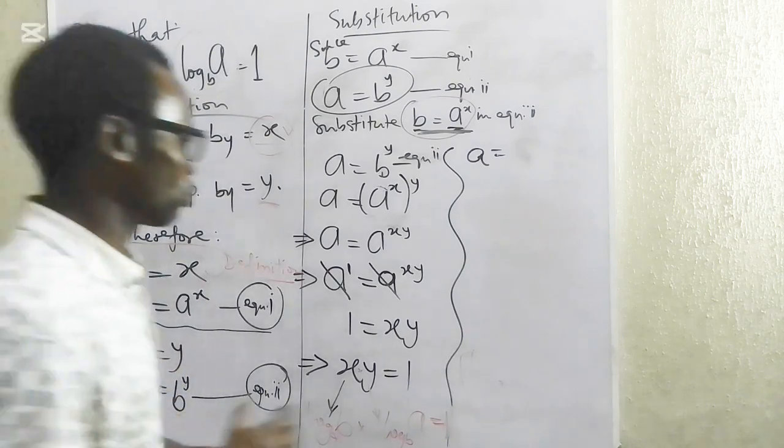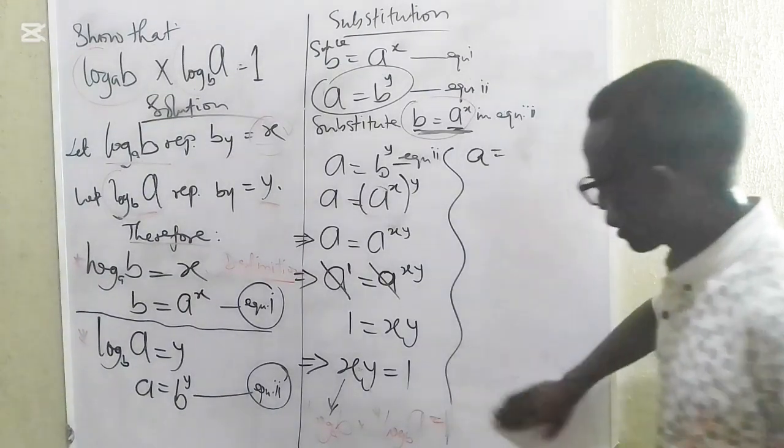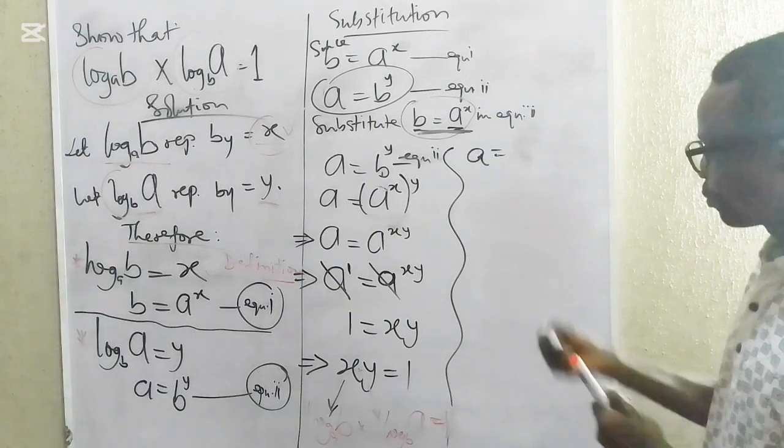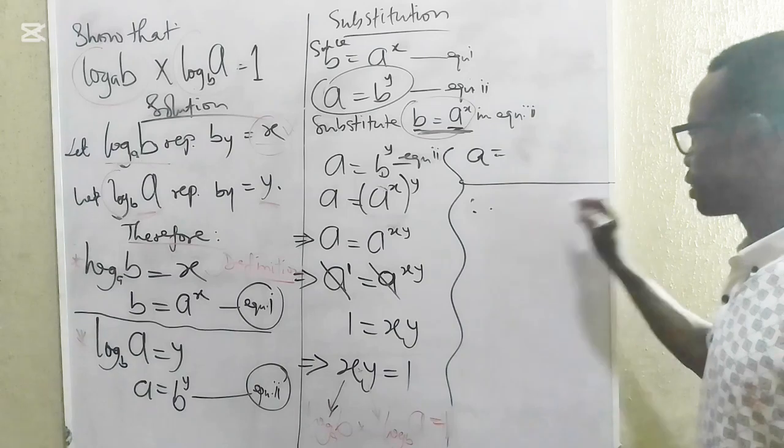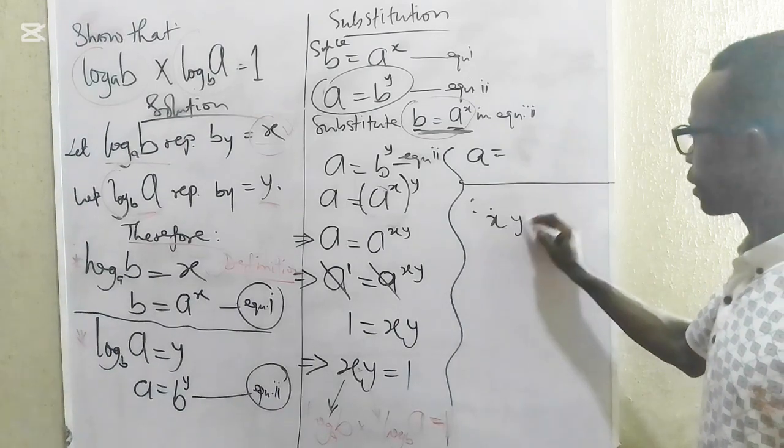This is just the final step for the last class. So eventually, just to repeat, xy equals 1.